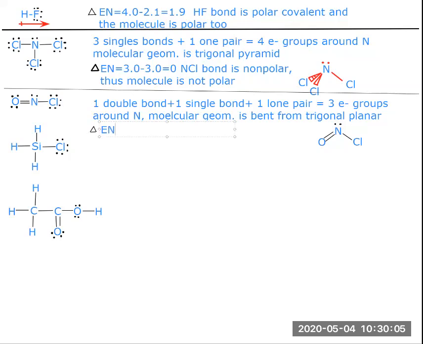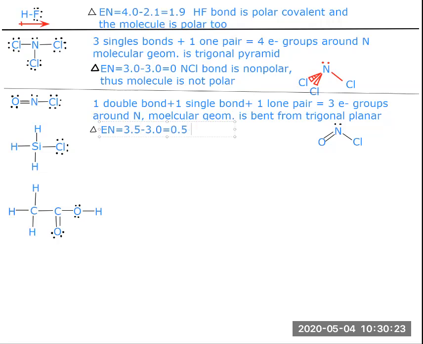Let's do it for NO first. The electronegativity of oxygen is 3.5 and the electronegativity of nitrogen is 3.0. So that's a difference of 0.5.